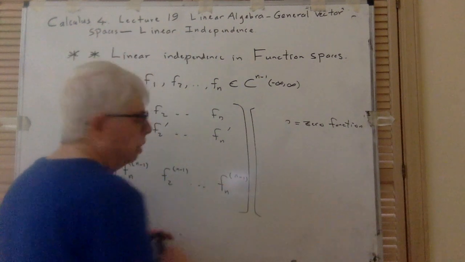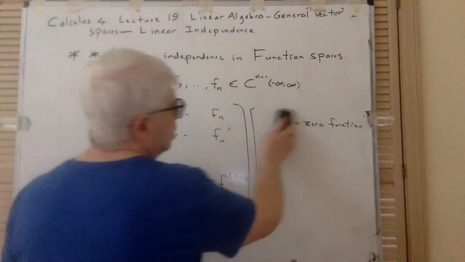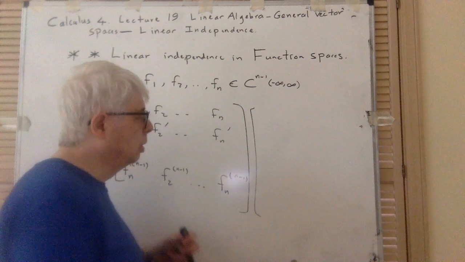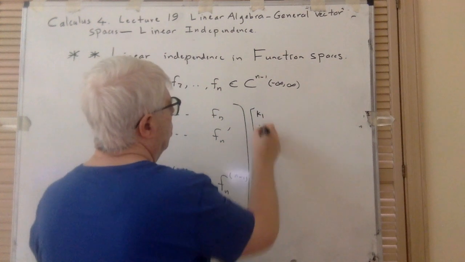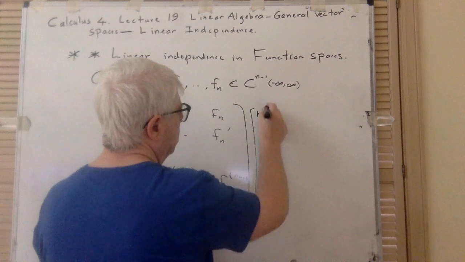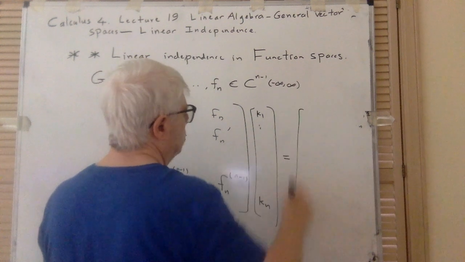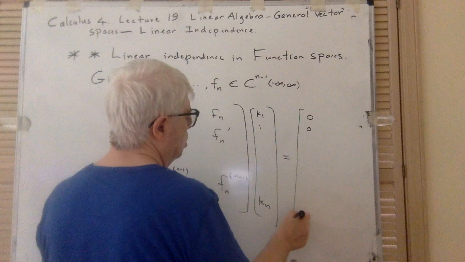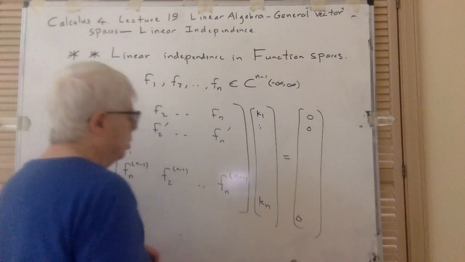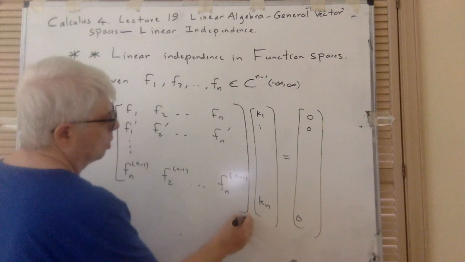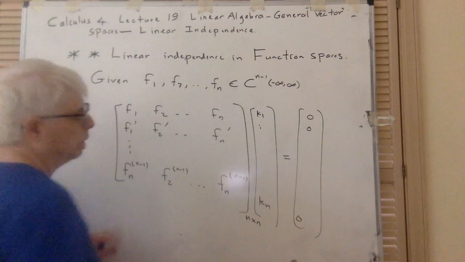And I have k1 up to kn, and here I have all zeros. So this is n equations and n unknowns, n by n.